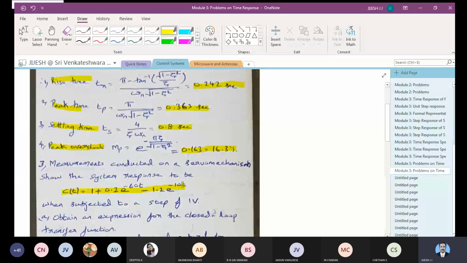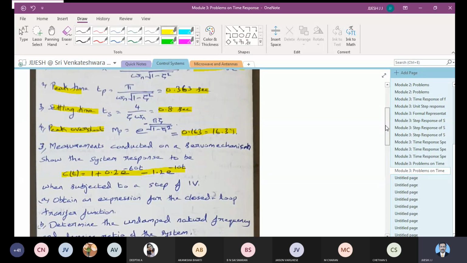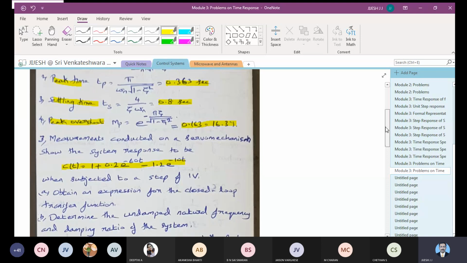First, obtain the expression for the closed loop transfer function. Second, determine the underdamped natural frequency and damping ratio of the system. So you need to find the natural frequency as well as the damping ratio.